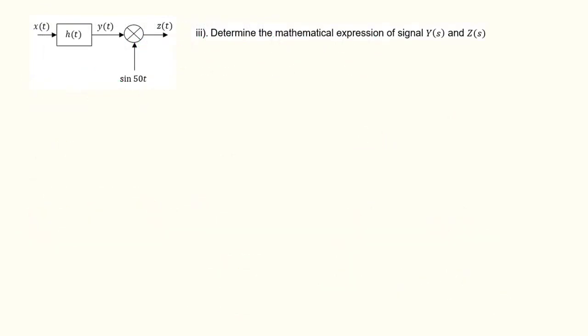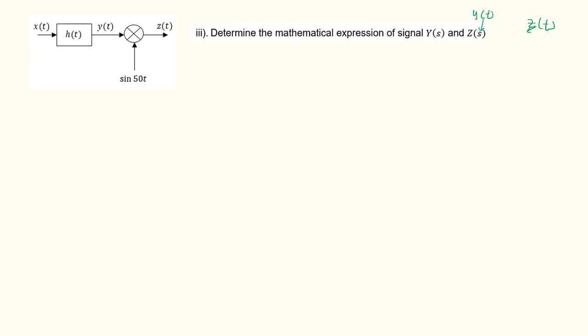Okay, let's move on to the third part of the question: determine the mathematical expression of signals Ys and Zs. You need to work out the operations involved from the figure. You know that Ys you get from yt, so you need to identify what is yt and also zt.